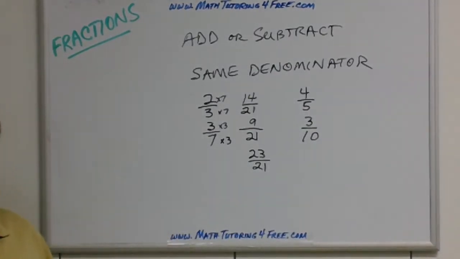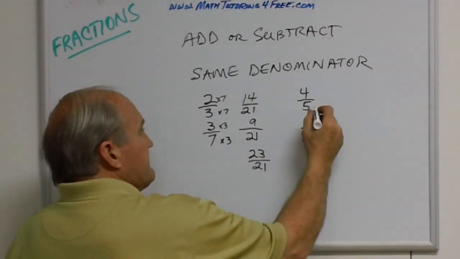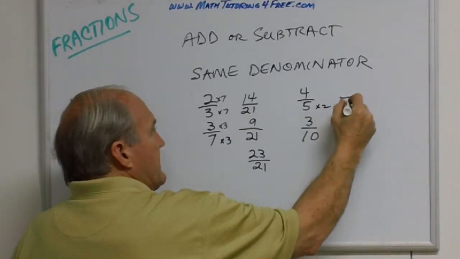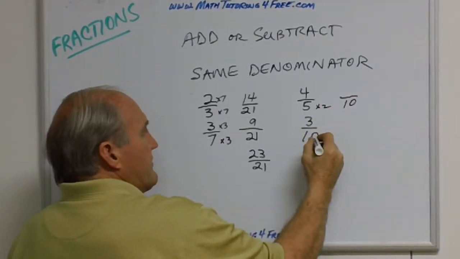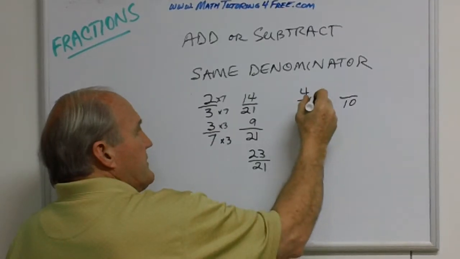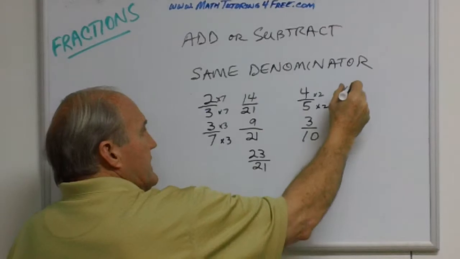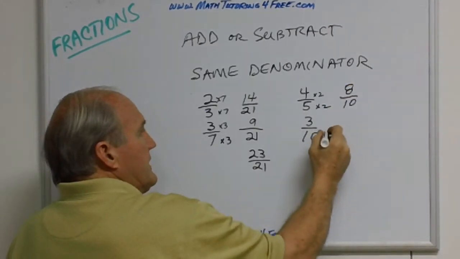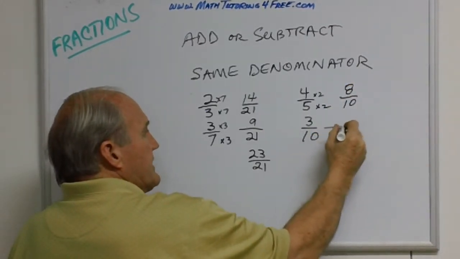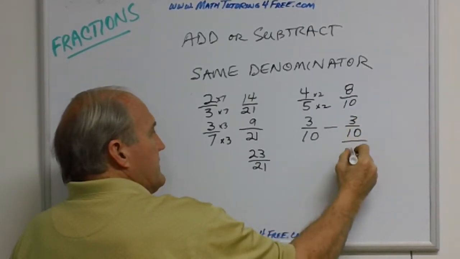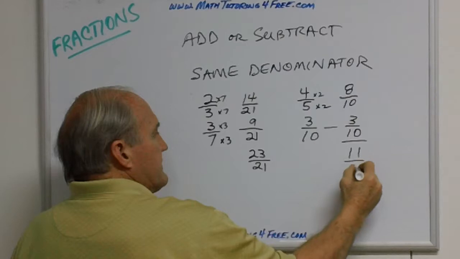What if I triple it? Multiply by 4, see if I can get something close. In this case it's pretty easy, because if I double the 5, I get 10, and the other fraction is already tenths. So all I have to do is multiply both the numerator and denominator of the top fraction by 2, and I get 8/10. This one I don't have to change. That's 3/10. Now I can add them and get 11/10.